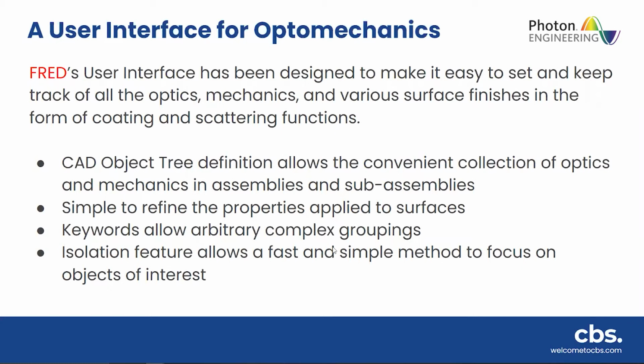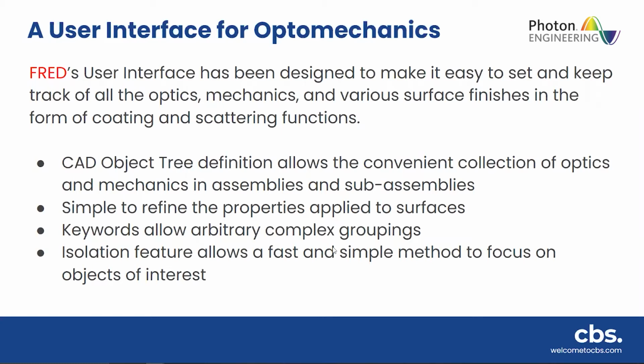So we have a CAD object tree definition, and that allows us to conveniently group optics in folders, or mechanics. So we can actually group them in either assemblies or sub-assemblies. It's very simple for us to define and refine optical properties applied to our optical model.